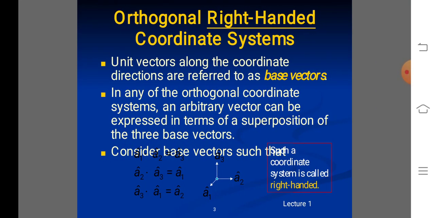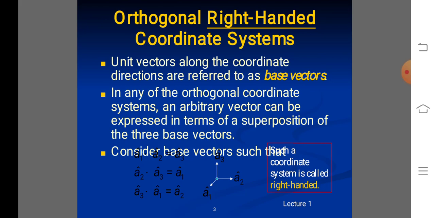Orthogonal right-hand coordinate systems: in this system, three coordinate axes will be there. Those axes x, y, z are mutually at right angles to each other. Consider a point P with coordinates x, y, z in space at a distance r from the origin.